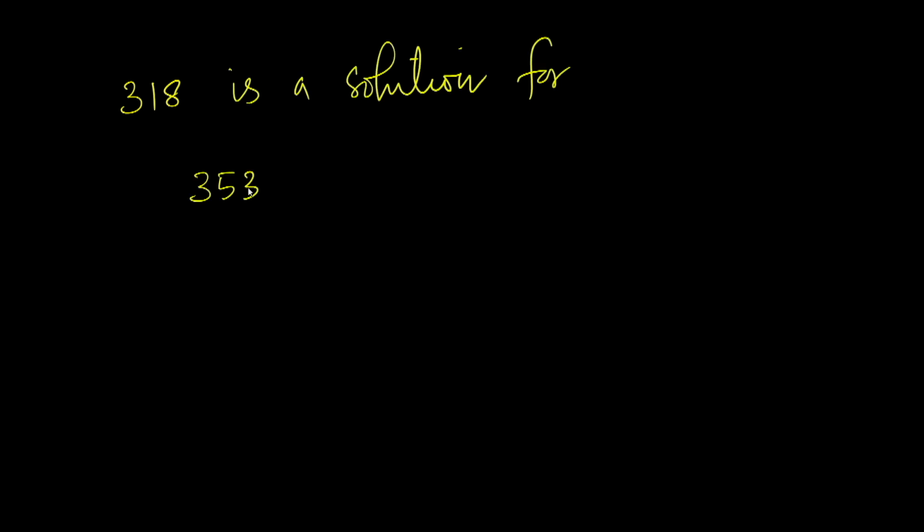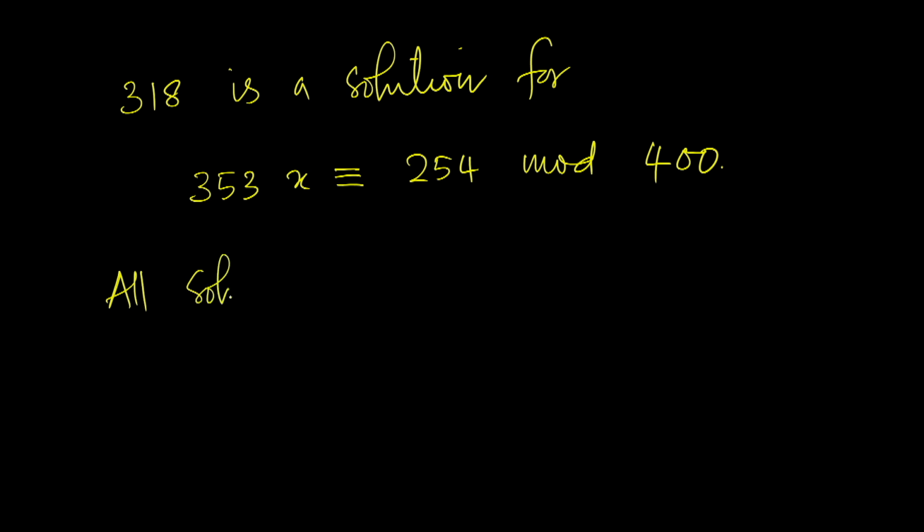So 318 is a solution for 353x is 254 mod 400. And we know that all solutions to this congruence are congruent to 318 mod 400.